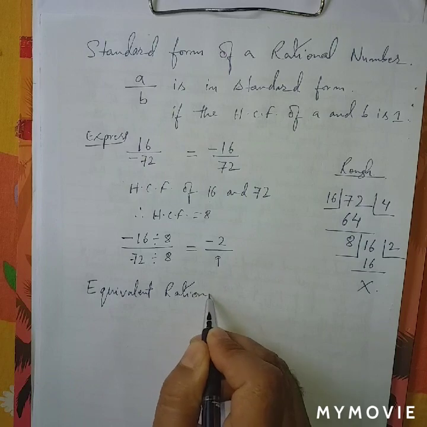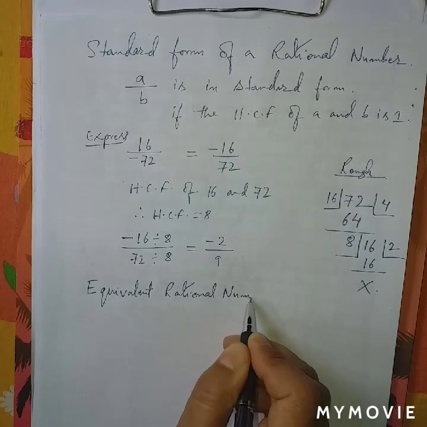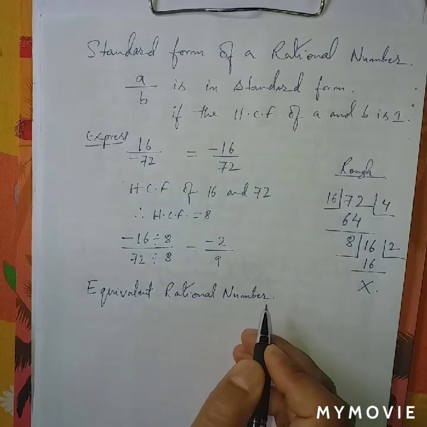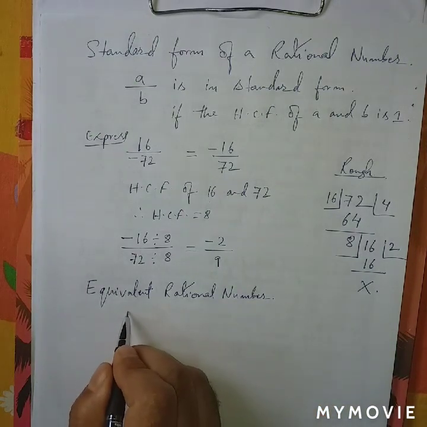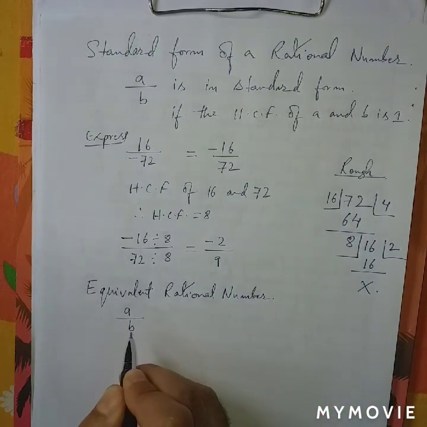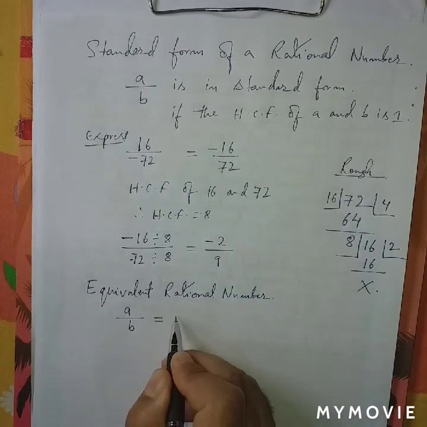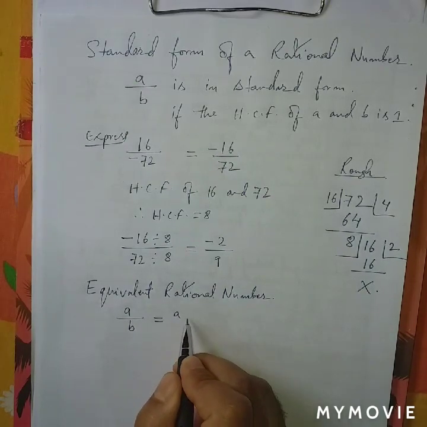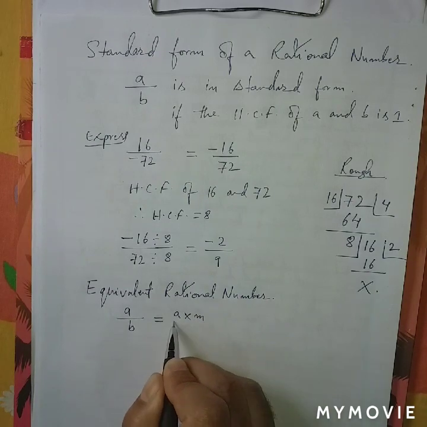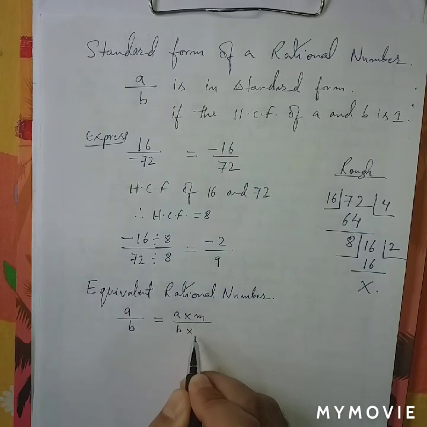Equivalent rational numbers. Suppose we have a rational number a by b, then this will be equal to a into m by b into m.